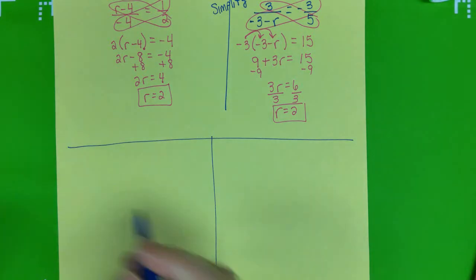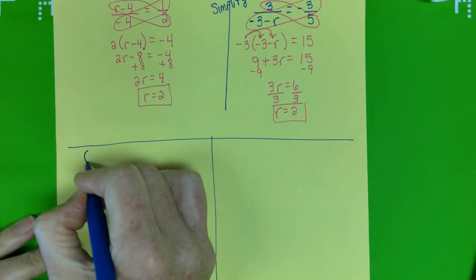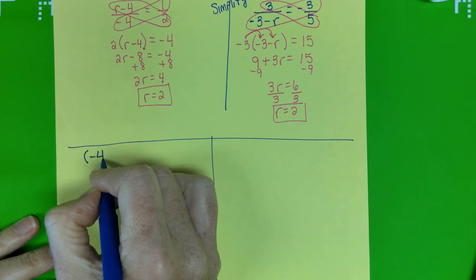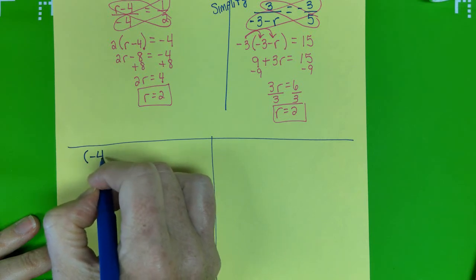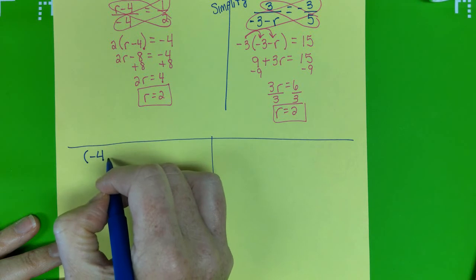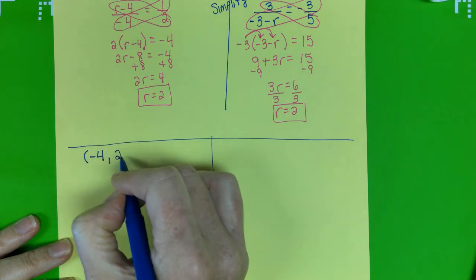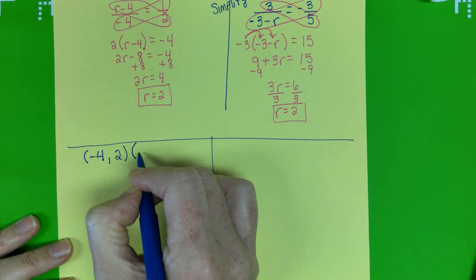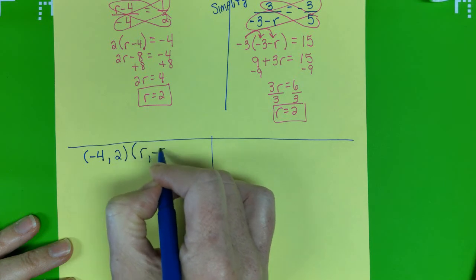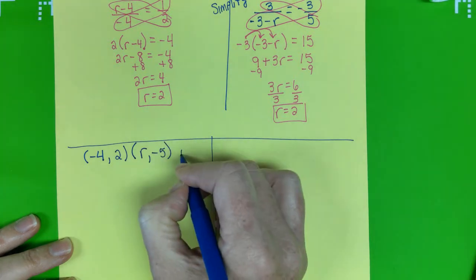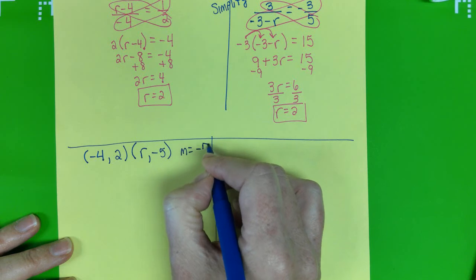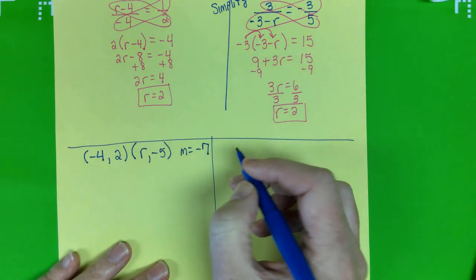Stop the video, see if you can kind of set it up. Ooh, that's not what I wanted to do. But that's okay. I'll just give you a different R. Okay, (-4, 2) and (R, -5). And the slope is -7. That's one problem to look at.